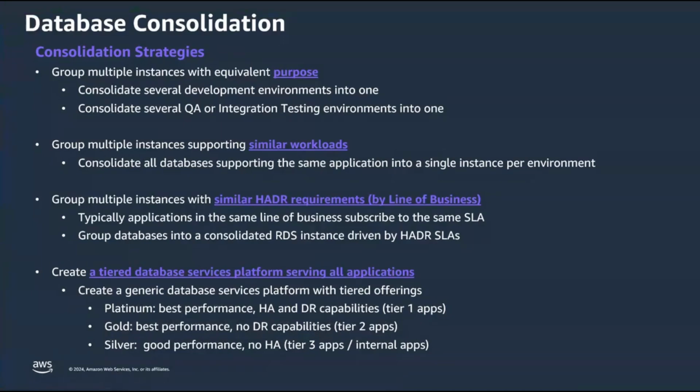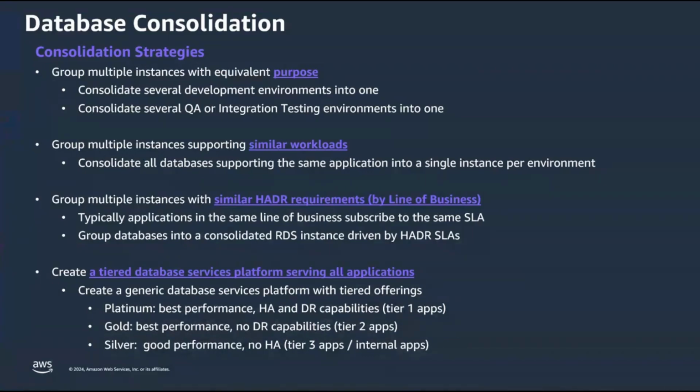The other one is by line of business, because usually they have the same HADR requirements, and you are dealing with the same people, so it works in big organizations. It's actually very practical. I use that approach with several customers here in North America. And the last one is ideal, but it takes a lot more work, which is to create a tiered database services platform.